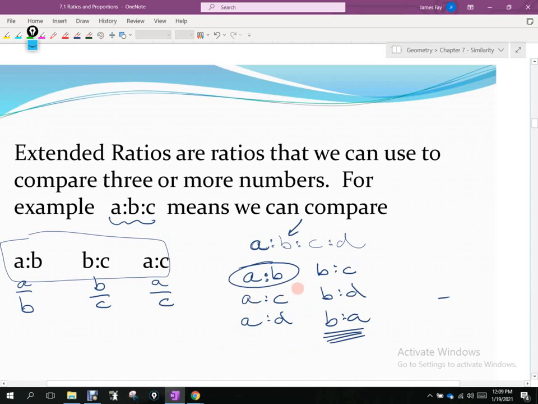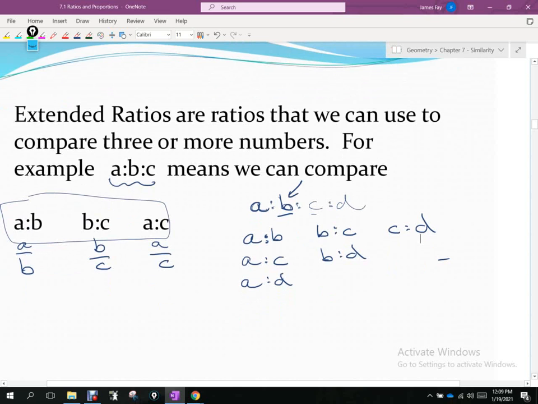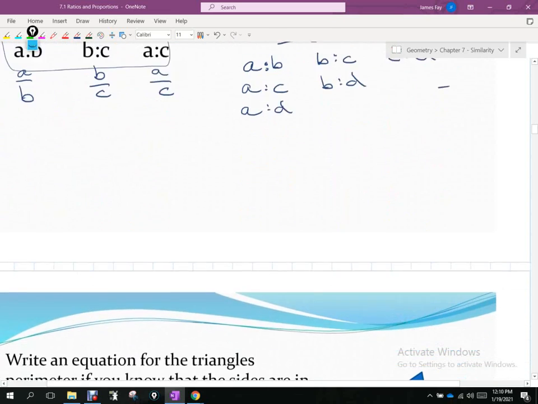So the only thing that they're going to be is reciprocals of one another. So a lot of times, if it's 4 parts, you hit B and compare it to the things that are to the right of it. Now I'm going to go to C, compare it to the things that are to the right of it, and that should then be the comparison of everything. Does that kind of make sense? We don't see too many problems overall with extended ratios, but if we do, it'll most likely be with just 3 parts.